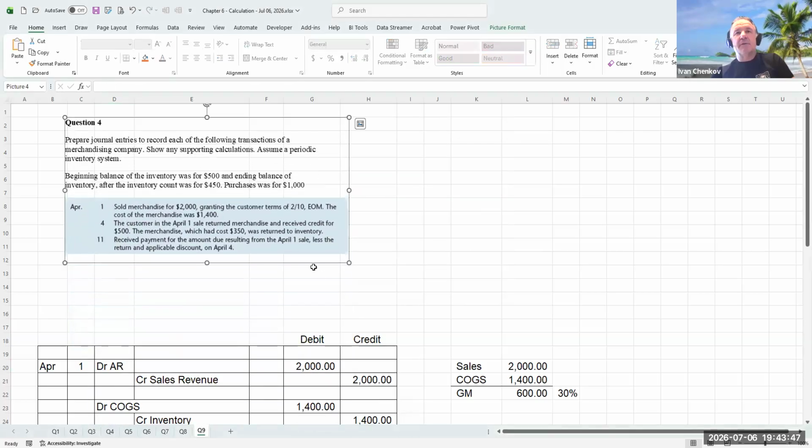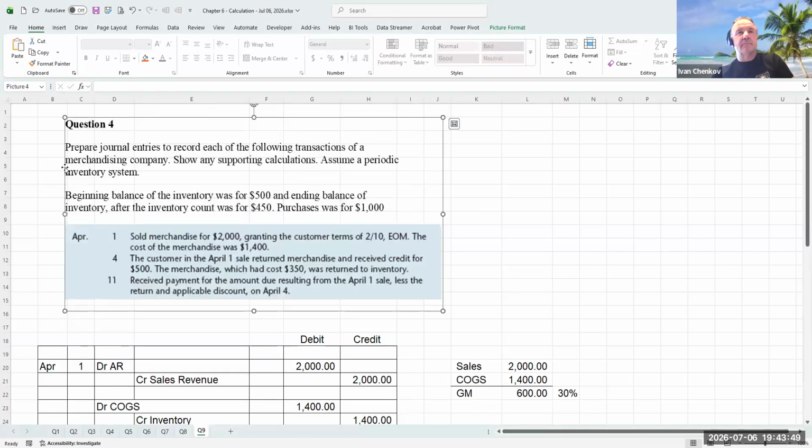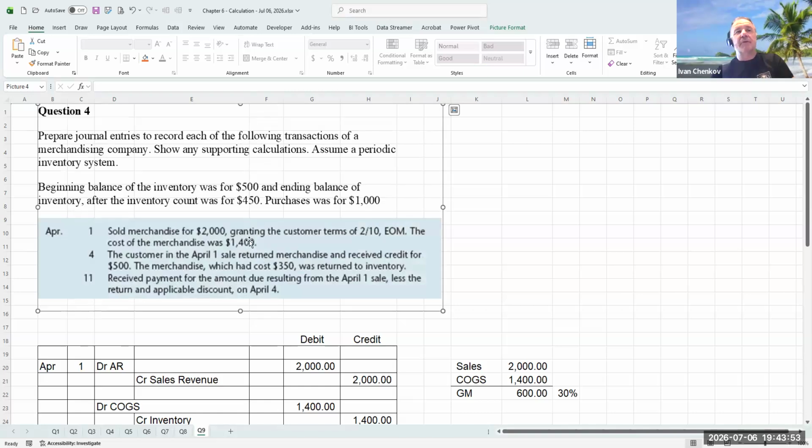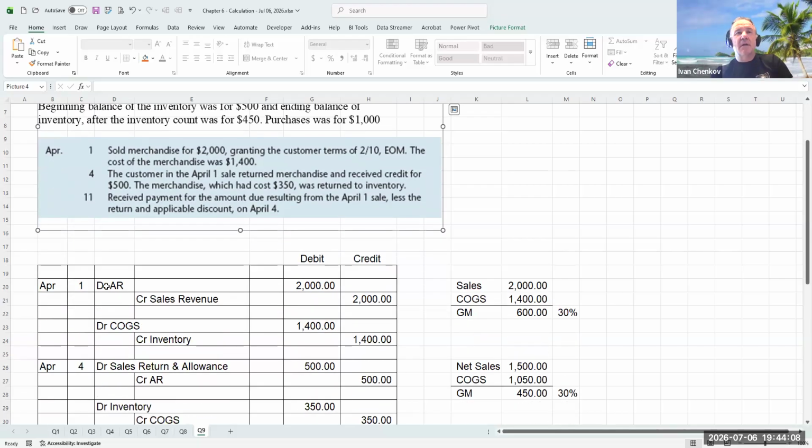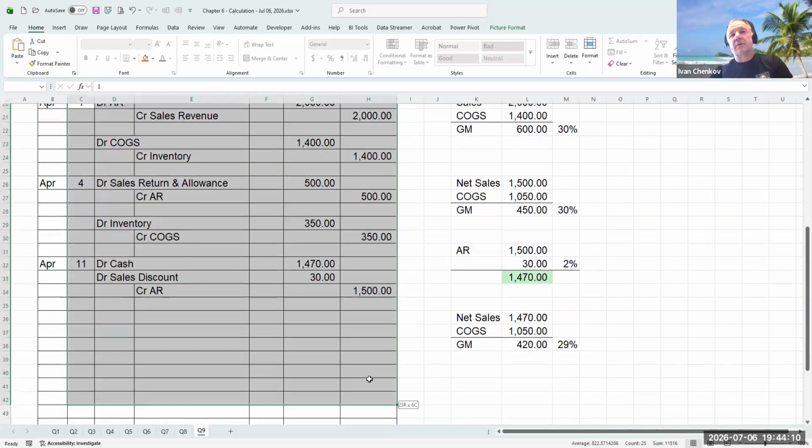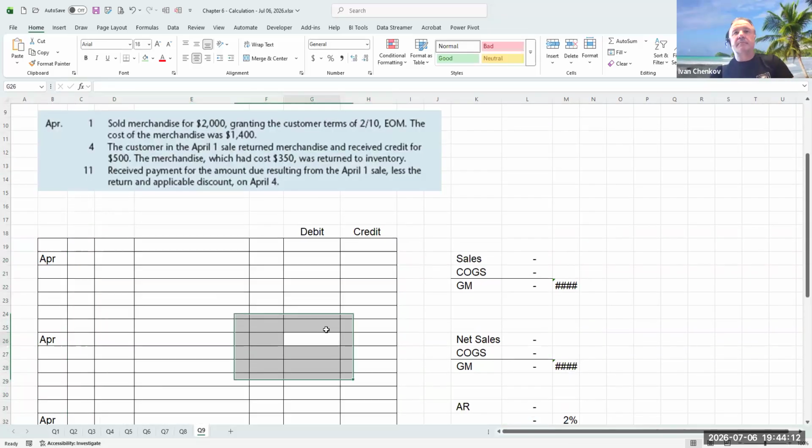Here we go, I have the question now. Now we can calculate everything. In this periodic system, we need the beginning balance of the inventory, the ending balance of the inventory after the count, and the purchases are $1,000. So now let's start doing the journal entries.